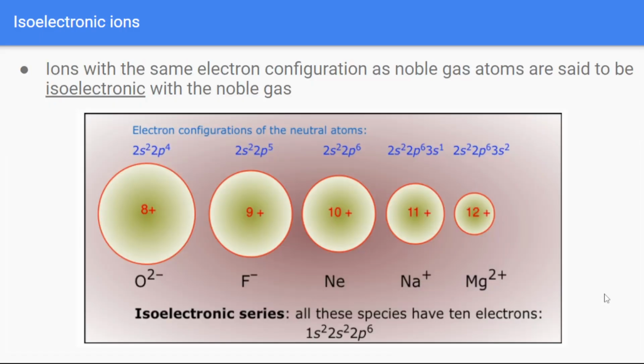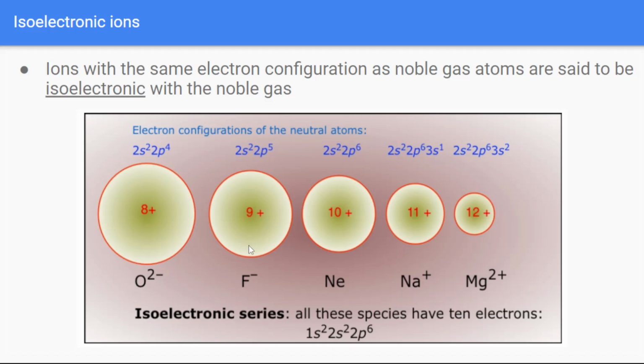Now, the electron configuration of many different ions can be the same, and it will match that of a noble gas. So oxygen and fluorine are the elements before neon, the noble gas. Neon has a full outer shell.